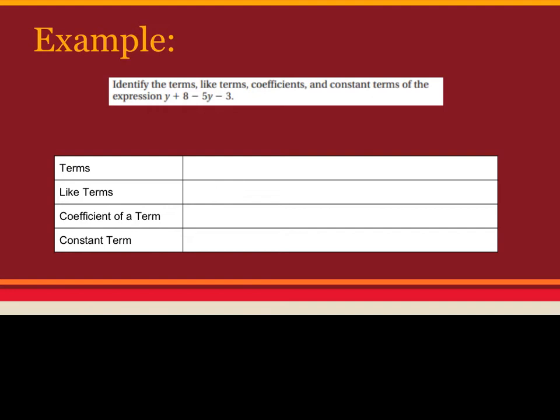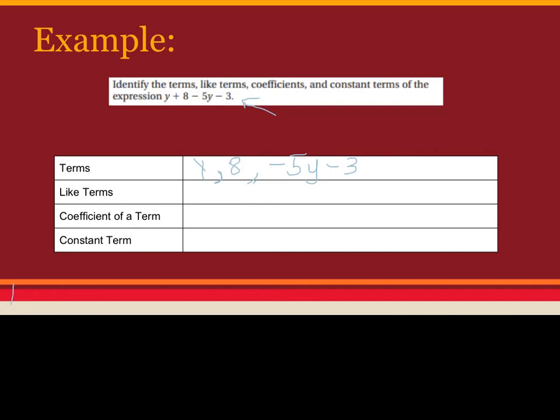So we're going to go ahead and take a look at this example. We're going to identify the terms, the like terms, the coefficients, and the constant terms for this expression right here. Remember, the terms are the parts of the expression. So the terms are y, 8, negative 5y, and negative 3.